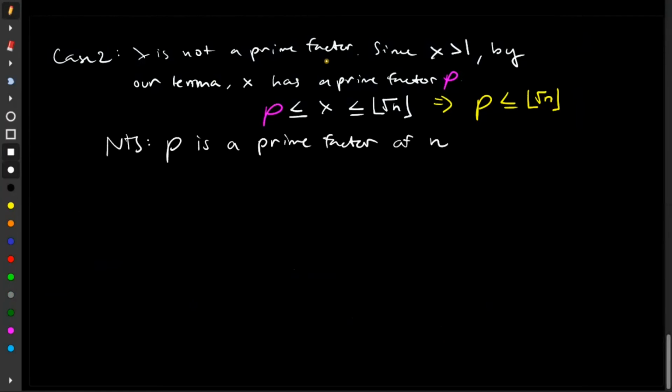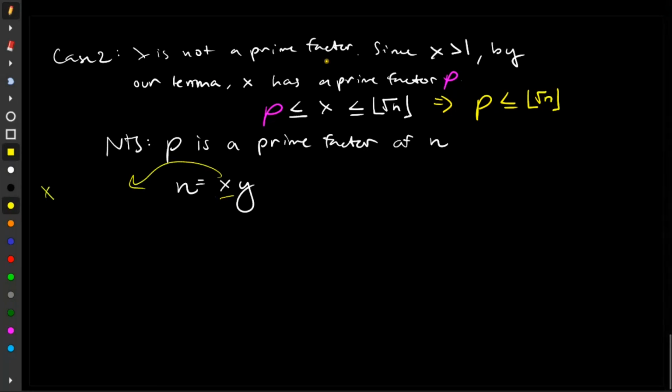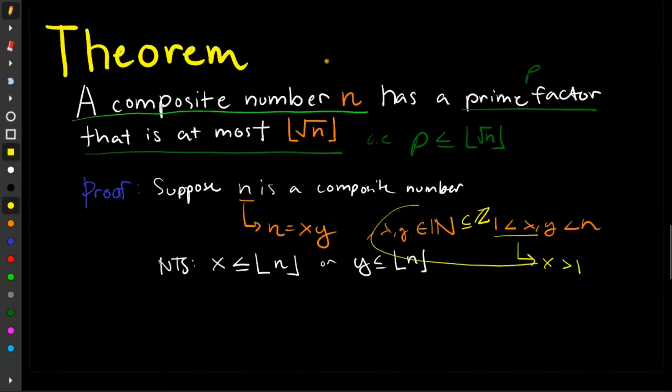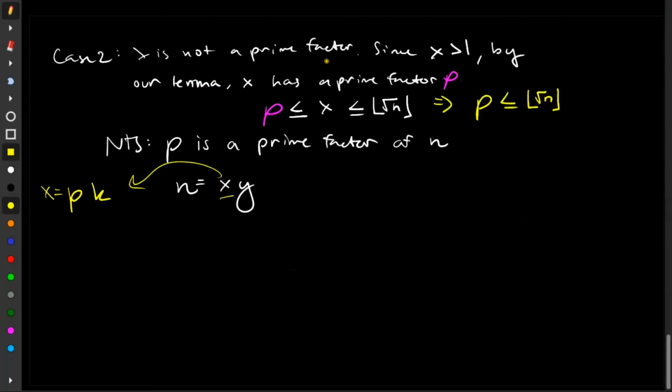Now take note that n is equal to xy. But since we know that P is a factor of x, then we can write x equals P times K, with K an integer. So x is equal to PK, so n is equal to PKY.